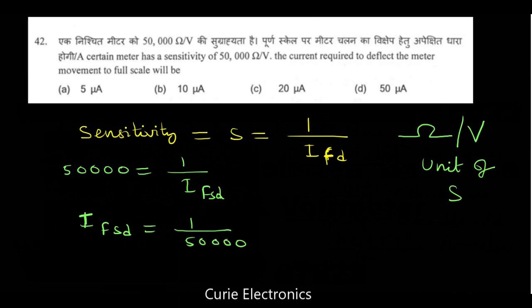So 1 upon 50,000 I will write as 1 upon 5 multiplied by 1 upon 10 to the power 4. 1 divided by 5 is 0.2, multiplied by 10 to the power minus 4.